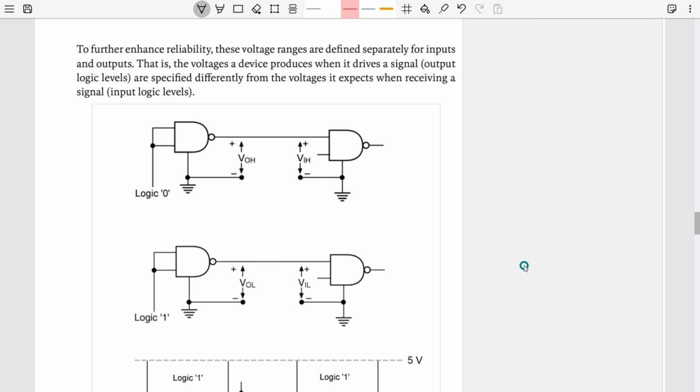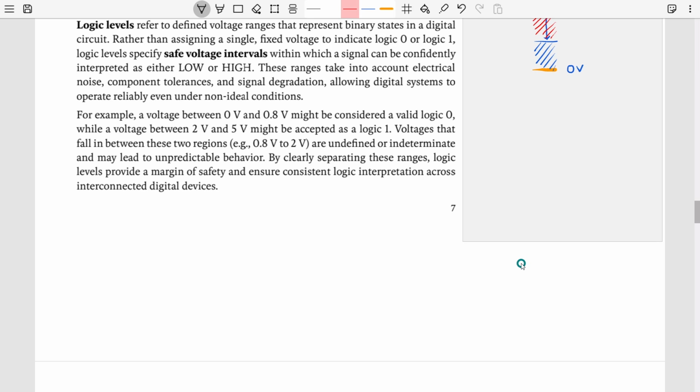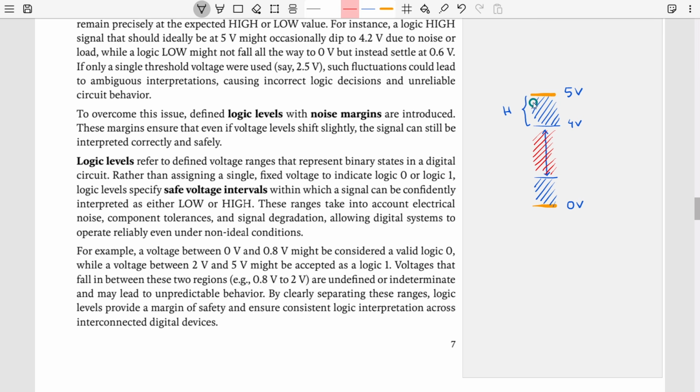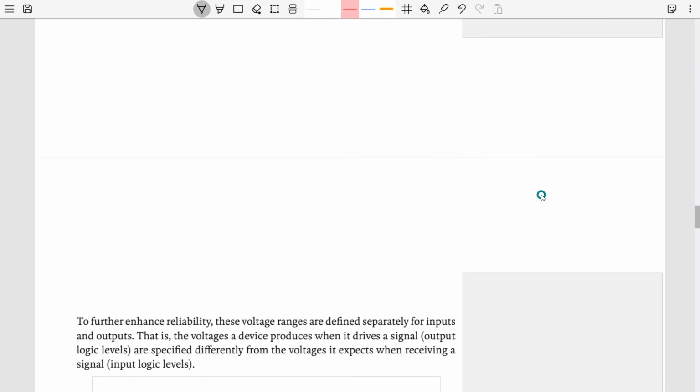That is the idea. As we have discussed here, this region is selected for representing logic 1 and this is for logic 0, but it will be different for representing output and input. So these ranges will be different. That is what we are going to see right now.